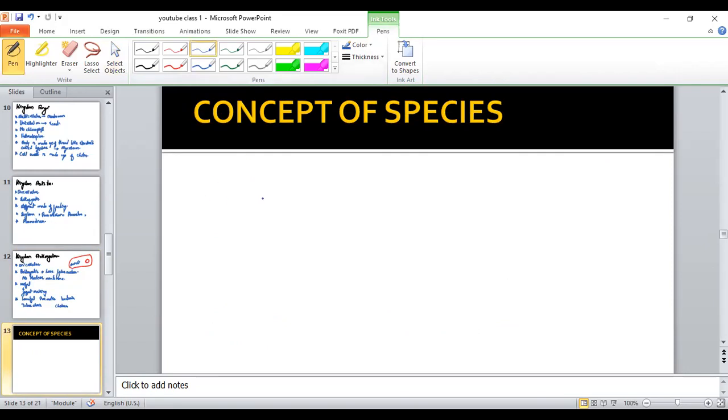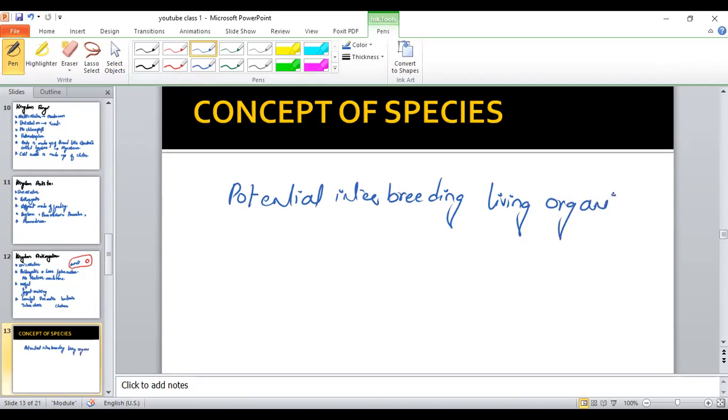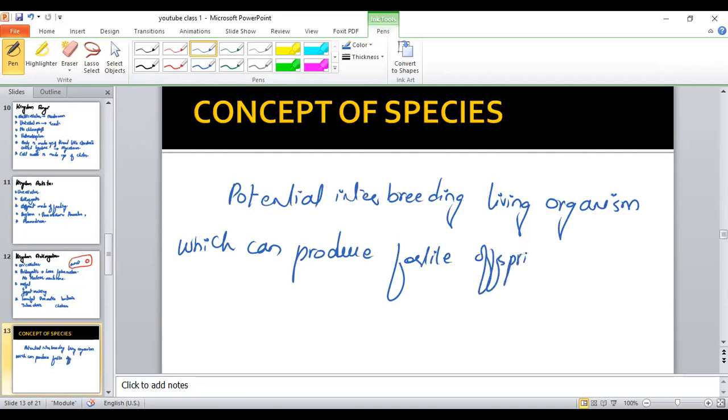Species means potentially interbreeding living organisms which can produce fertile offspring.